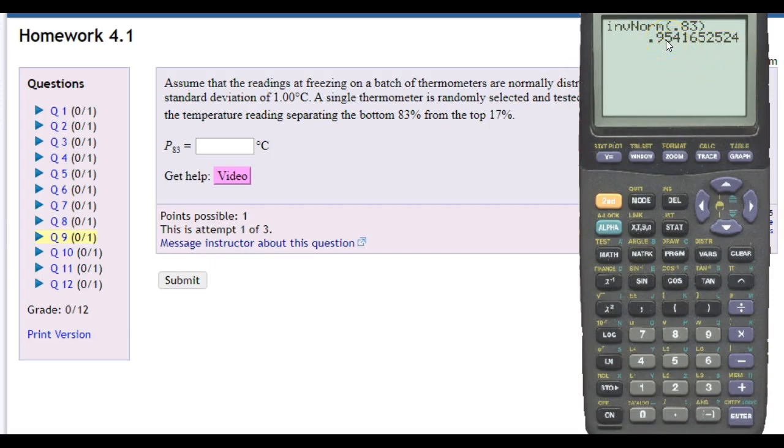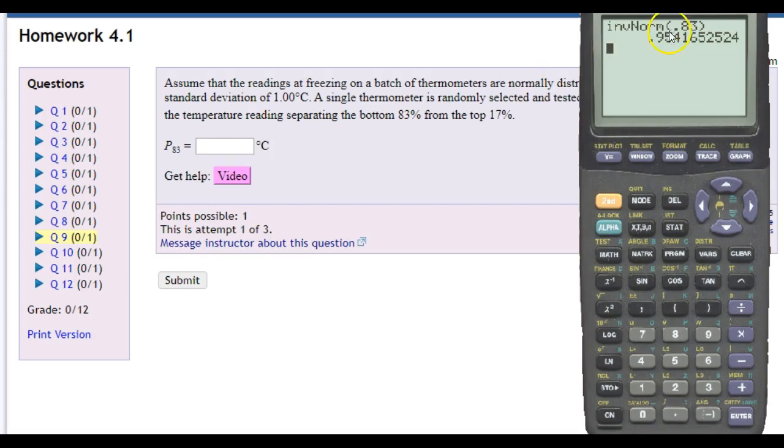So here's the thing. I noticed that a lot of people were telling me that they used the standard normal table, the Z table, and they ended up getting a solution to 2 decimal places, because the Z table gives Z-scores rounded to 2 decimal places, and that's all you can do. That is not good enough for this. You will get the problem wrong, pretty much guaranteed, unless it's rounded to 2 decimals.